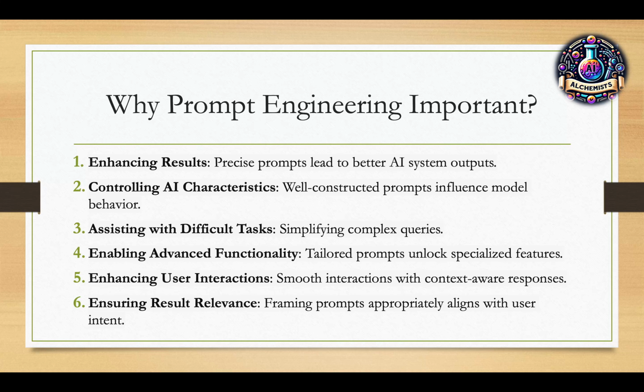Something you can't do as a human, which would probably take 3 days, the AI can complete in minutes with a small instruction for the repeated tasks. Then enhancing user interactions, with smooth, context-aware responses, and ensuring result relevance. Your result should be relevant to what you are expecting, right? Framing the prompts appropriately aligns with user intent.